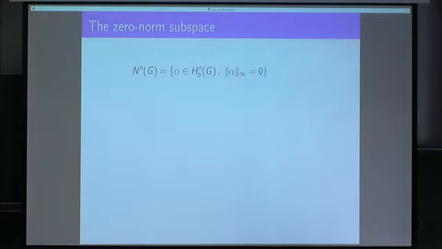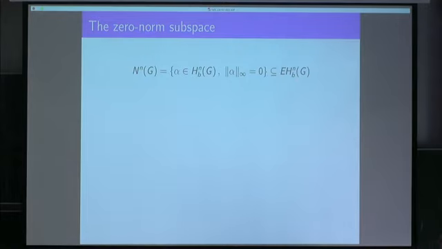Okay, so what I want to describe today is the zero-norm subspace. So remember that the L infinity seminorm is indeed a seminorm, probably. So we can define this space, which is the space of classes which have vanishing L infinity seminorm. And it is easy to check that this is contained in the space of exact bounded classes.